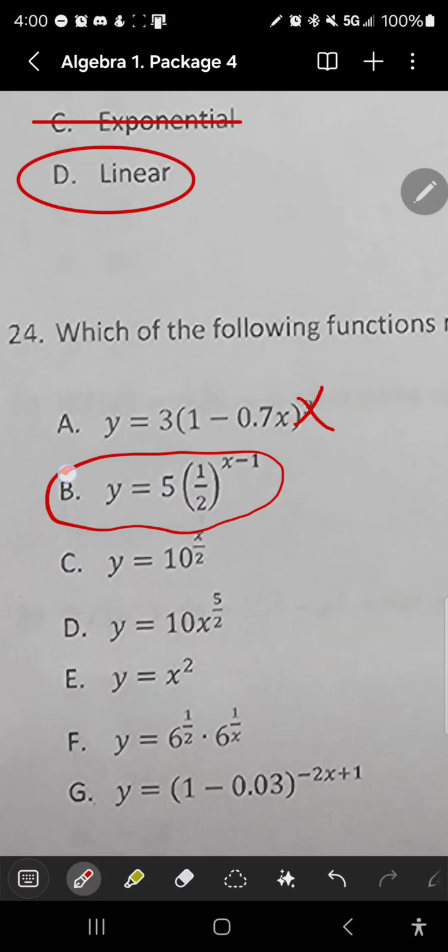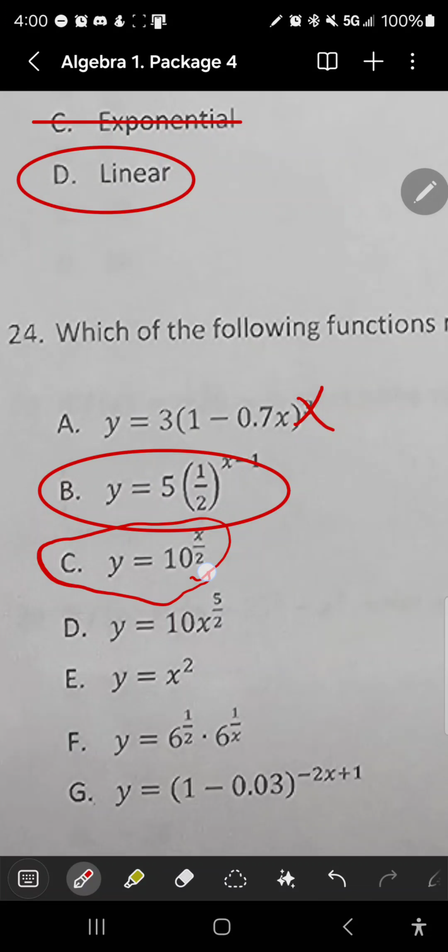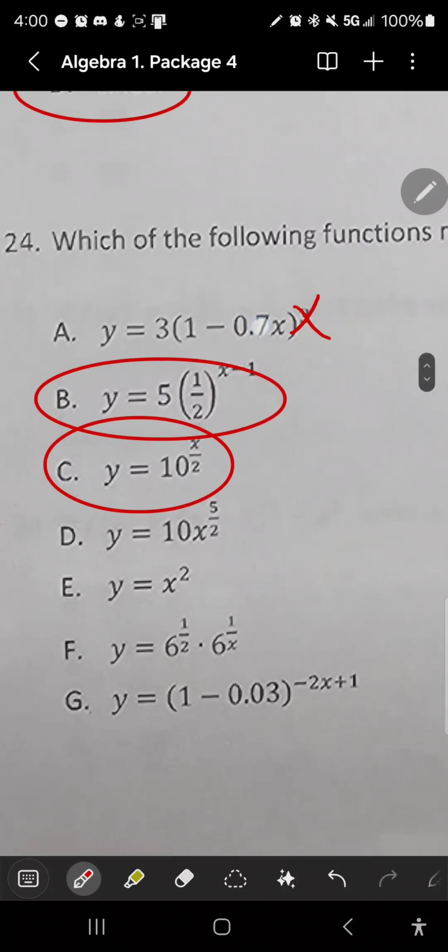So yes, this is one of our answers. Now C, it has an x in the exponent as well, 10 to the x over 2. So yes, this is one of my answers. Then for D, we do not have an x in the exponent, so no. Now E, the same. Oh, sorry, the exponent is to the 2, not to the x.